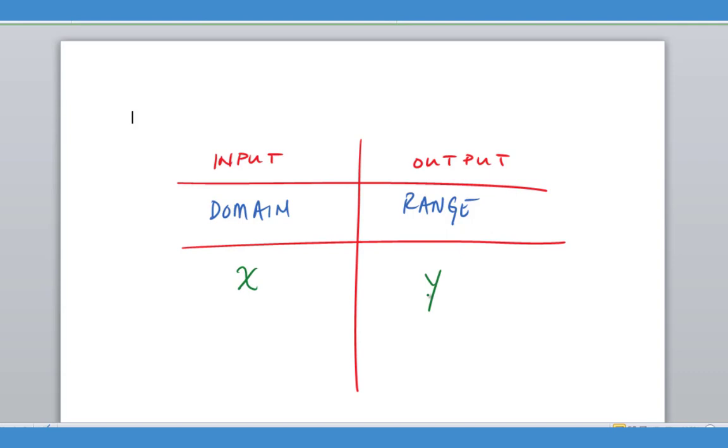And so if we wanted to write the domain as a set of values and we were looking at a coordinate plane, it would be represented by all of the X values on the points that are represented in the coordinate plane. If the Y value is representing the outputs, then all of the Y values that are plotted on the coordinate plane must represent the range.